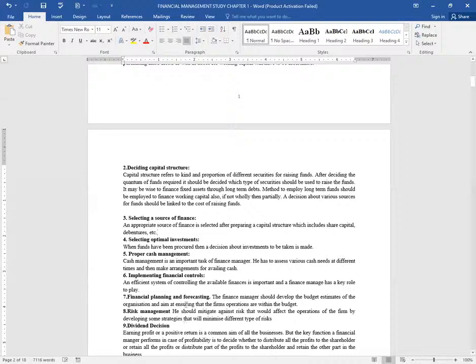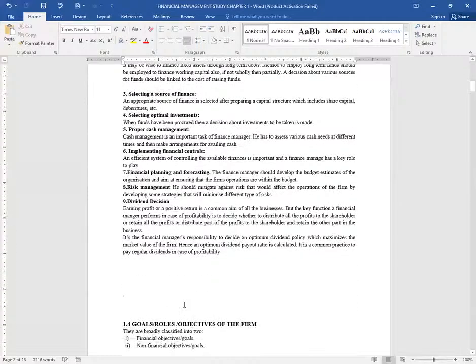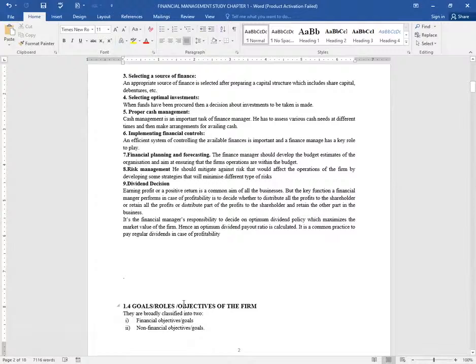Ladies and gentlemen, we have the dividend decision. After we have been able to get profits, say we make a profit of 10 million Kenya shillings, it will be wrong of us to sit down as the board and say that we are going to pay the shareholders all these profits that we generated.